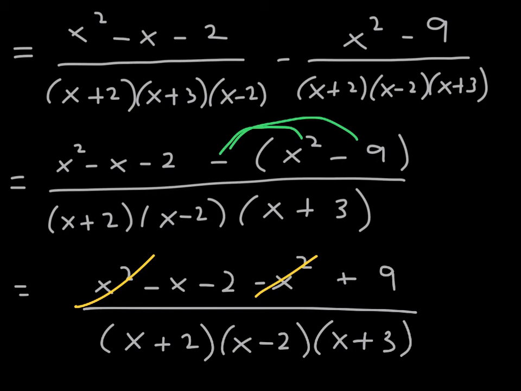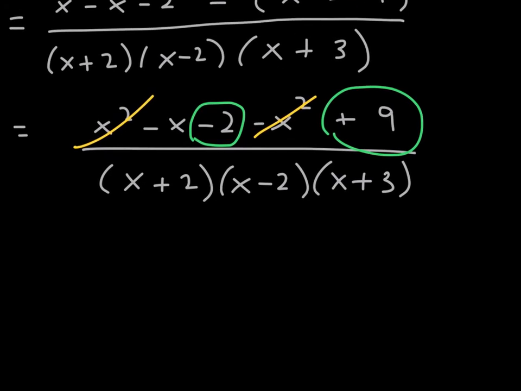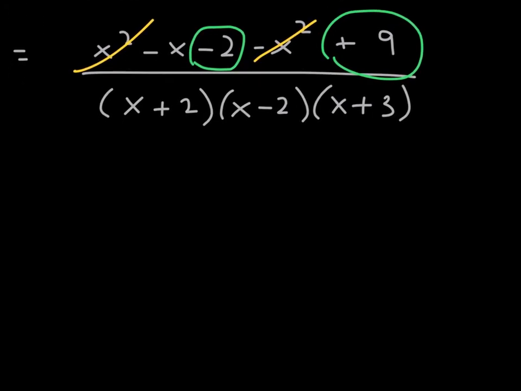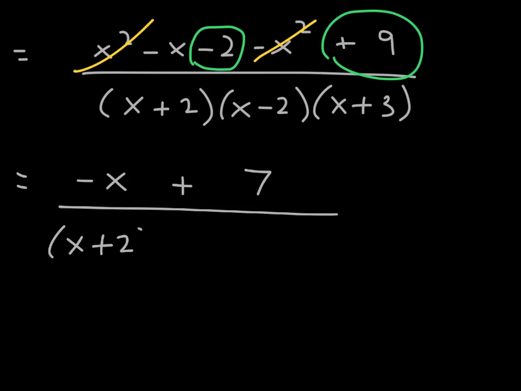Like terms, though, you have a negative 2 and a positive 9, which I believe just gives you 7, right? Let's move this up a little bit more just for me to write my final answer. That should do it. So then you end up with negative x plus 7 over the LCD.